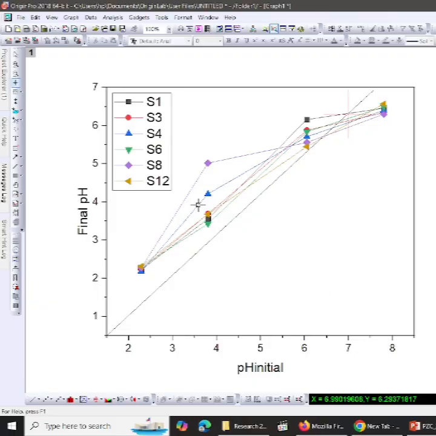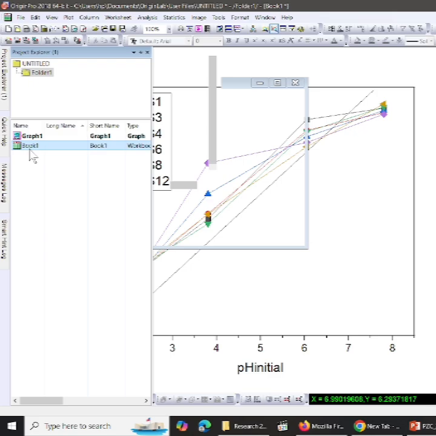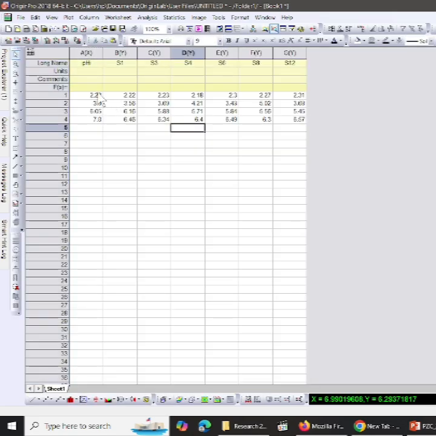Now we will draw the point of zero charge for the membrane, because we have already finished running for 24 hours. You can see that I have already copied the points. This is my S1, S3.